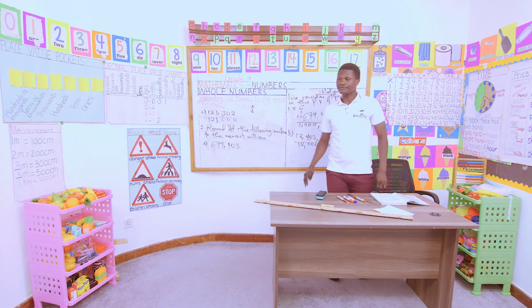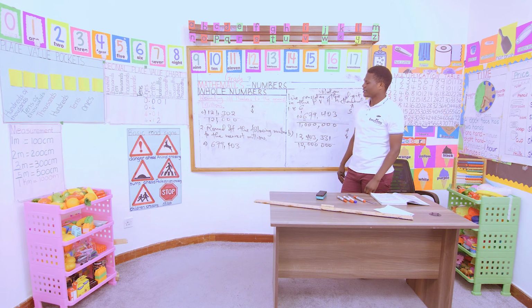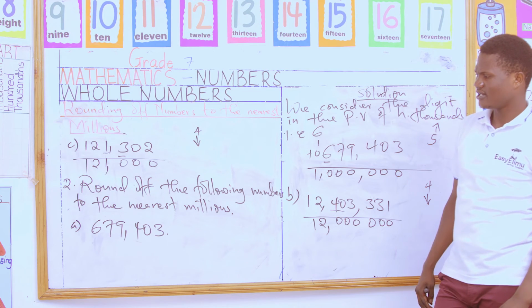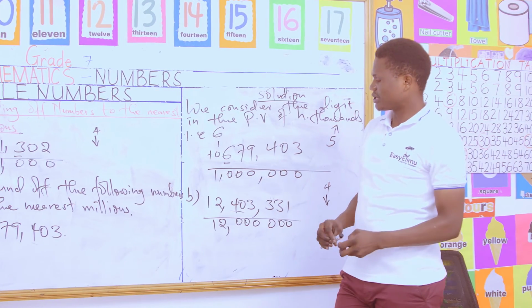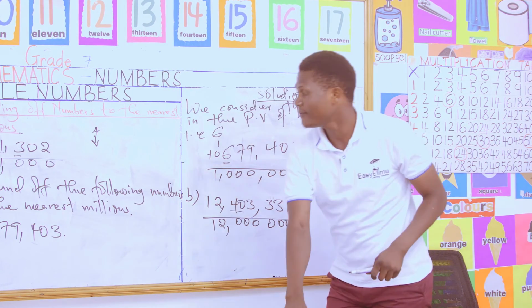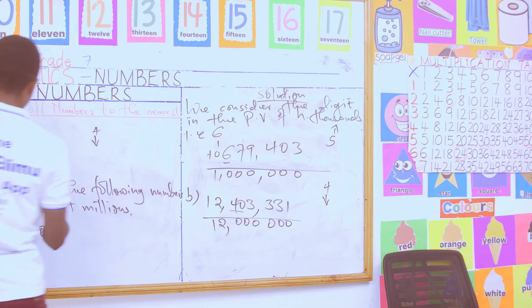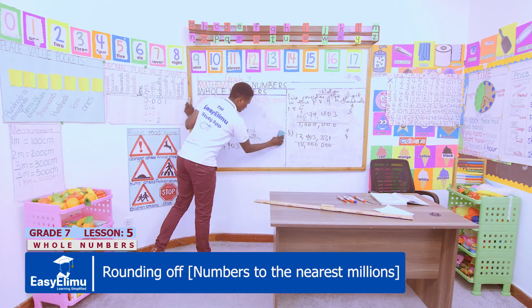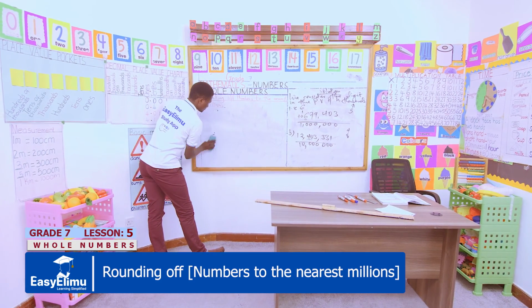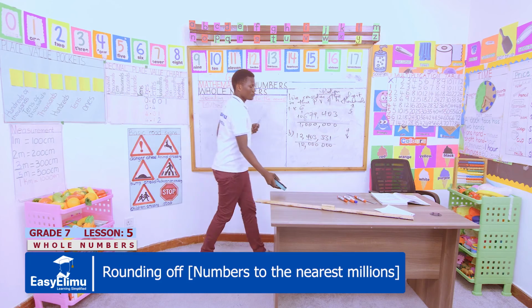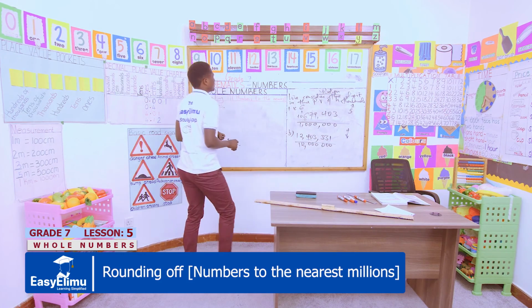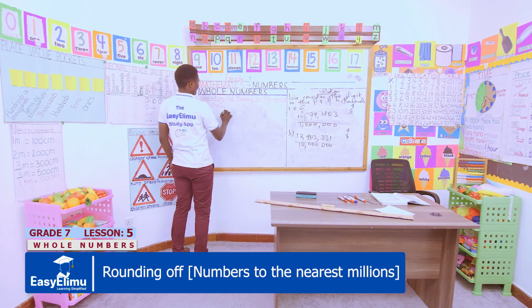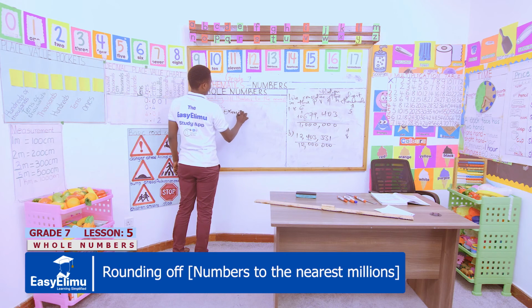Are we together? Any question? Any question up to that point? Yeah, if you don't have any question, maybe I can give you some for you to try for your personal revision. Now you know what we mean by rounding off, so you can try the following during your free time.